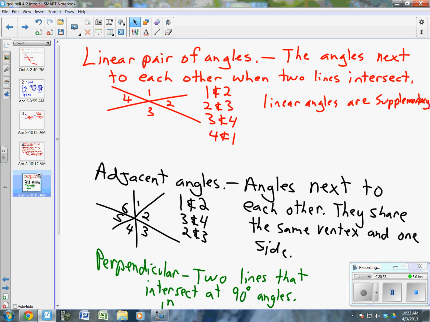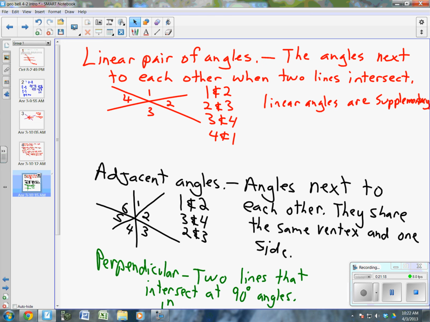That means they do what? They add up to 180, right? Number three, if two angles are adjacent, then they are blank to each other. Someone said next to each other. Adjacent angles are angles that share a same side. They're next to each other.